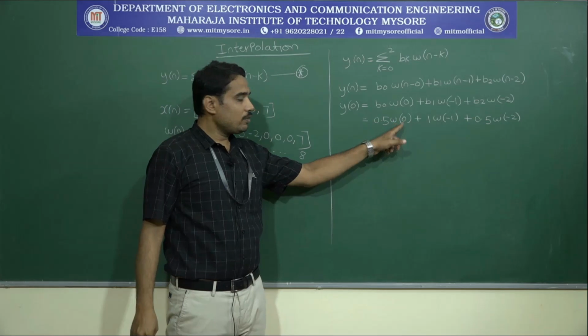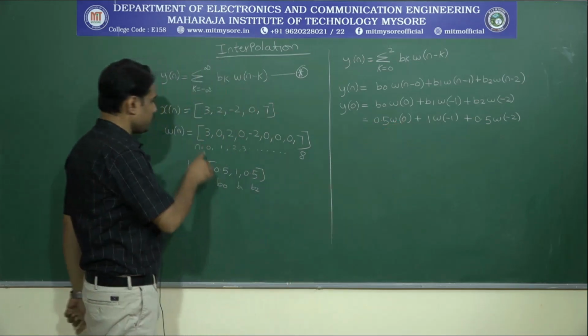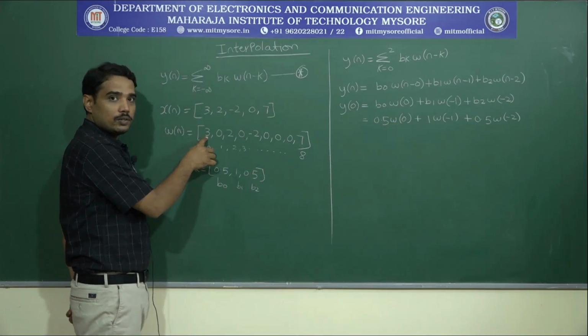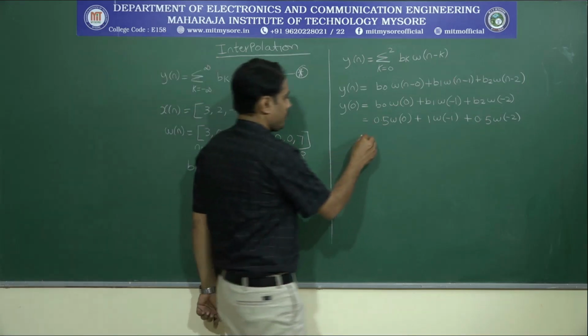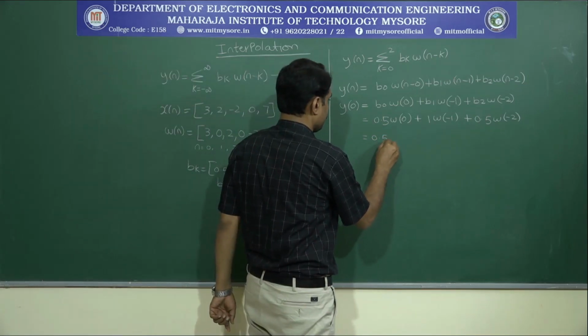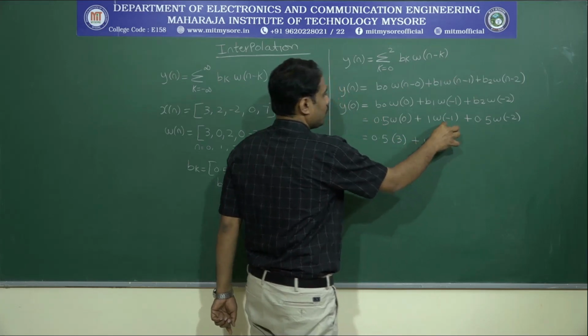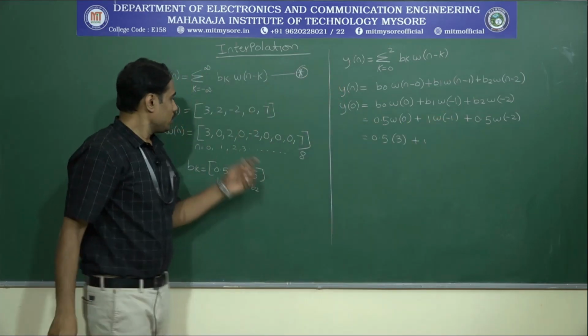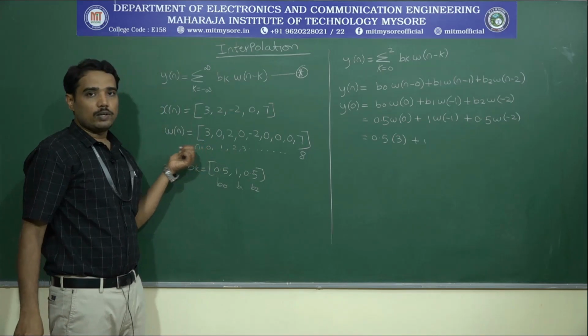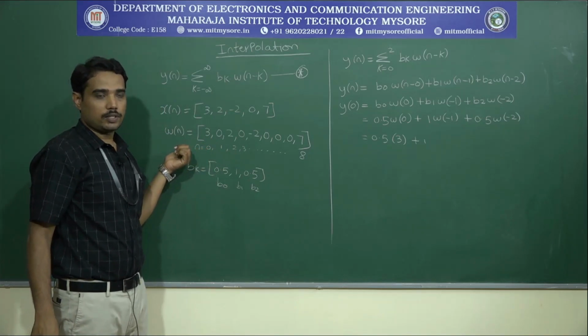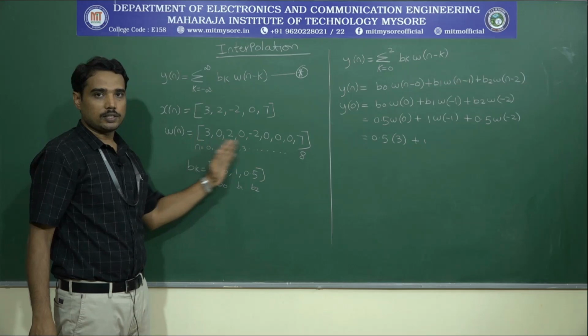What does this w of 0 correspond to? w of 0 corresponds to the value 3. 0.5 into 3 plus 1 into w of minus 1. We don't have any negative-valued indices with respect to n. We have only positive values.